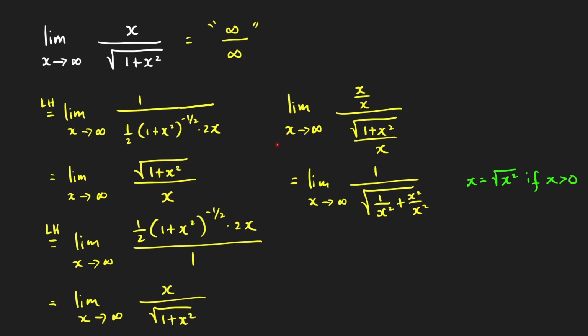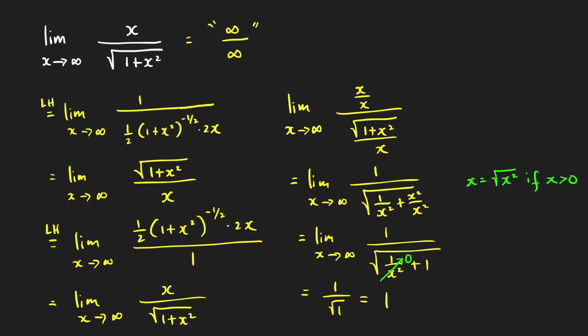And as x goes to infinity, our x is positive. So simplifying our radicand, we'll get the limit as x approaches infinity of 1 over the square root of 1 over x squared, and then plus 1. And clearly, this goes to 0 as x goes to infinity. So our limit is just equal to 1 over the square root of 1, which is equal to 1.